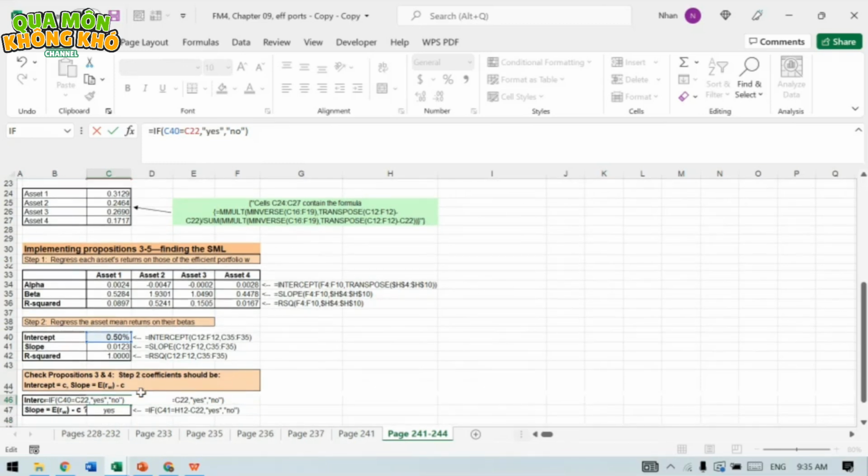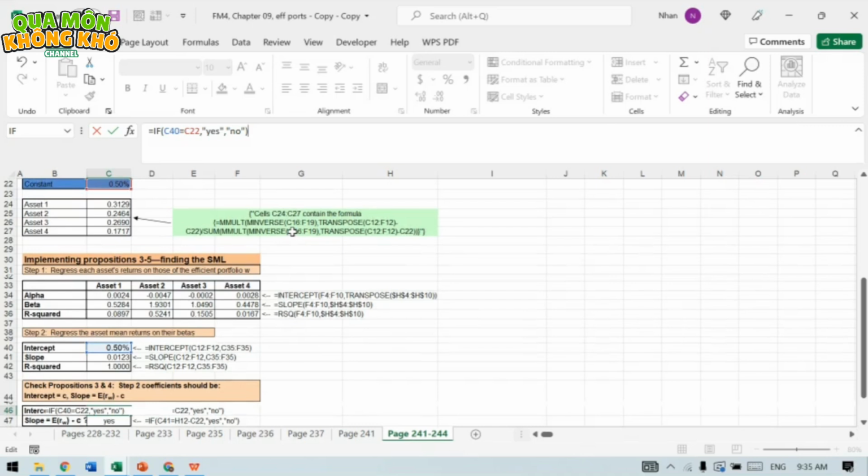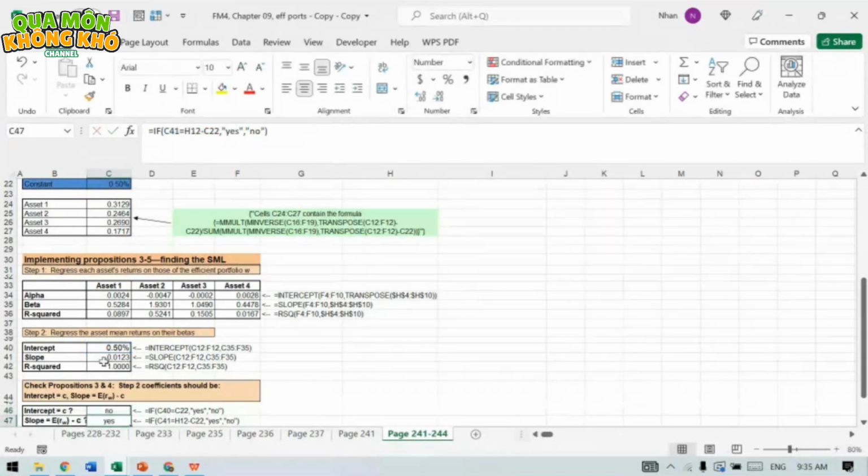That's right. So this might be the decimal numbers. Can you just show us the C40 decimal number, more decimal places, C40? Oh, let me check.